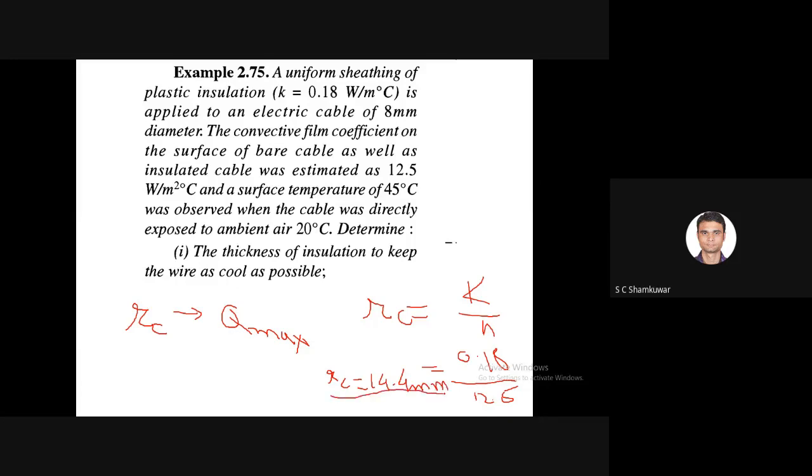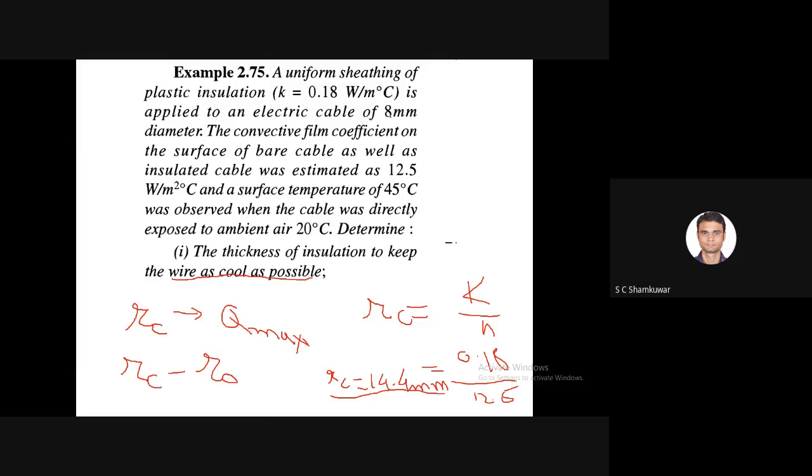So now this is the RC. Suppose the outer diameter is 40.4 mm, then we will get the maximum heat transfer. And if the maximum heat transfer is there, the wire will be as cool as possible, no? So what will be the thickness of insulation? It is simply RC minus RO. What is RO?